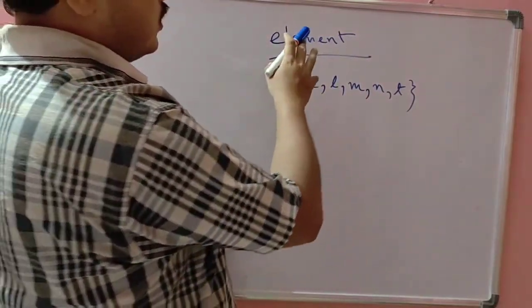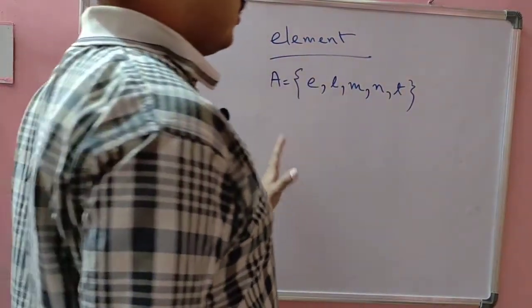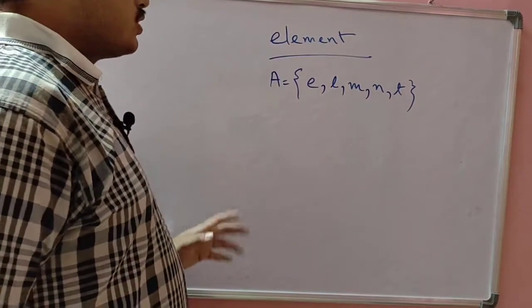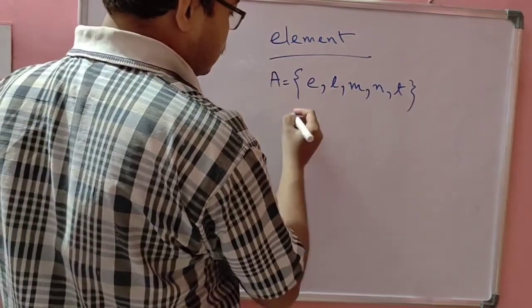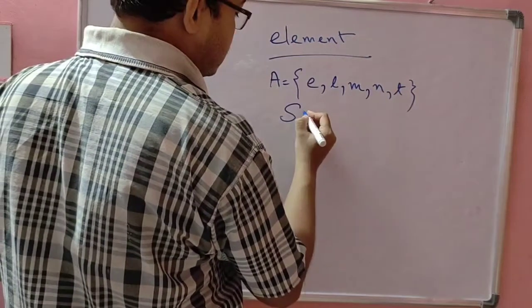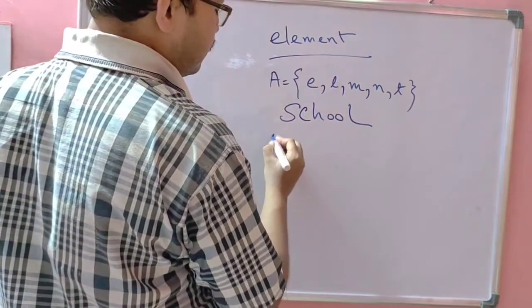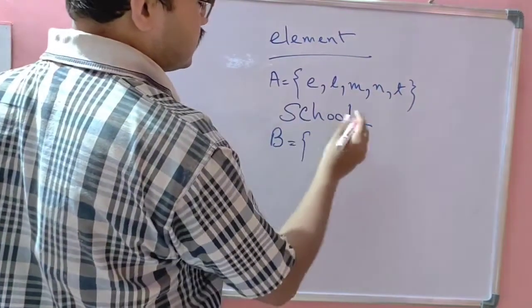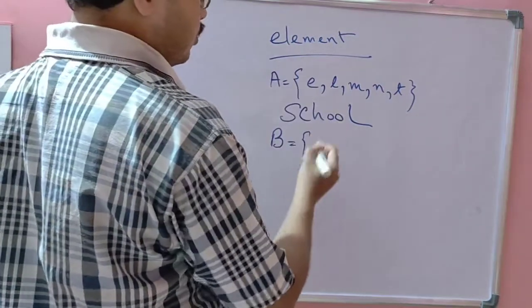Okay, repetition isn't naturally occurring; usually we don't use repetitions. Like that, if we take the word SCHOOL, and B is the set representing all the alphabets of the word school, what will be the set?